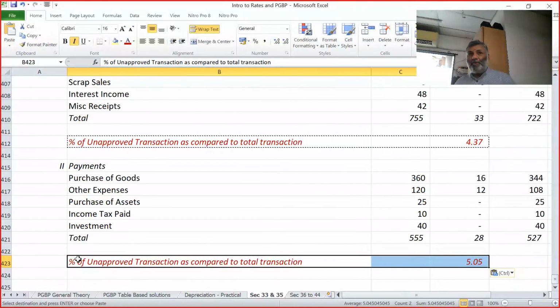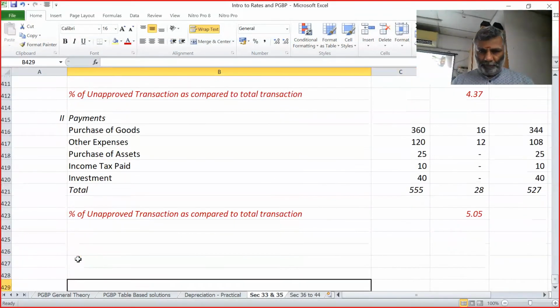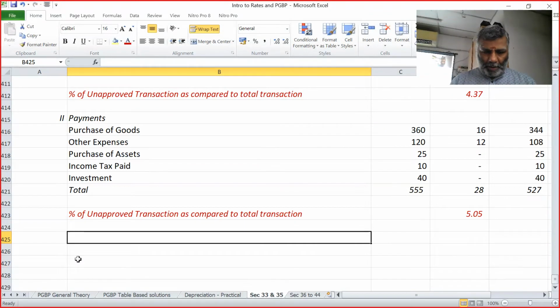Is it coming to 5.05 percent? Yeah, okay. Yes, sir.